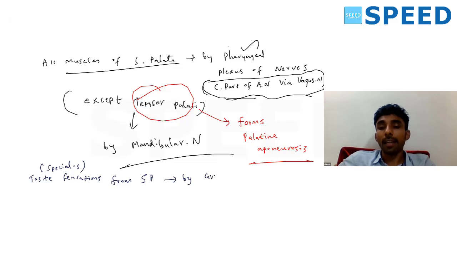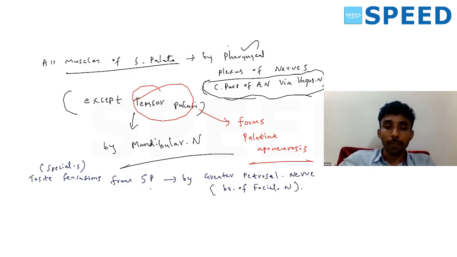The answer is greater petrosal nerve. Taste sensation from the soft palate is carried by greater petrosal nerve. And I hope you know this greater petrosal nerve is a branch of facial nerve, 7th cranial nerve, that is facial nerve. So take care of this point.